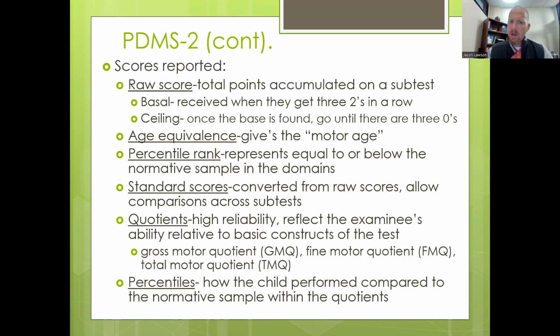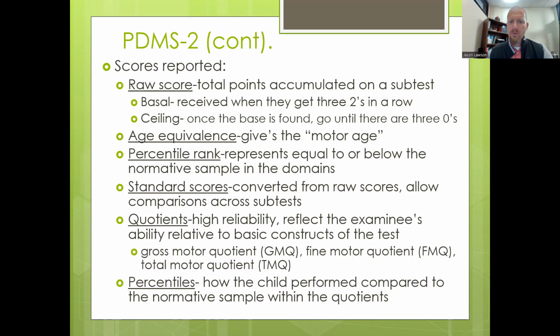And so Mulligan does a really good job of helping us interpret, right? A percentile rank represents that our child has scored at, or compared to that normative sample, they have scored at or below that normative sample in a particular domain, okay? Again, Mulligan does a good job at wording that. It's sometimes hard to word that.